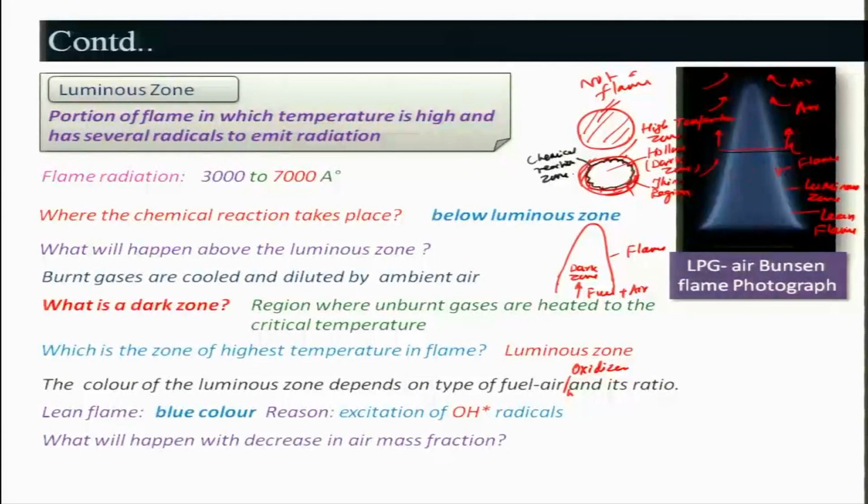And when you decrease the mass flow rate of air for a fixed fuel flow rate, what will happen? If it is stoichiometric and you decrease the air mass flow rate, naturally it will be fuel rich, and if it is fuel rich, you will get a yellow color flame.